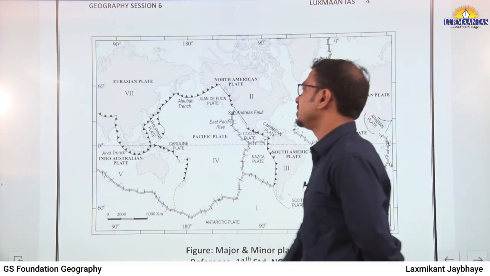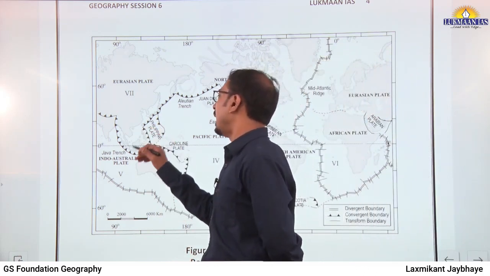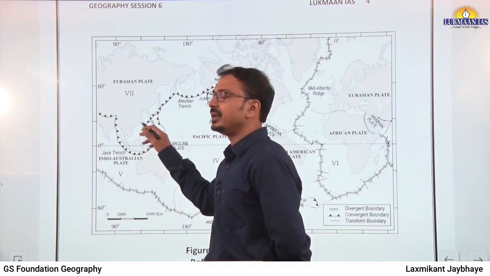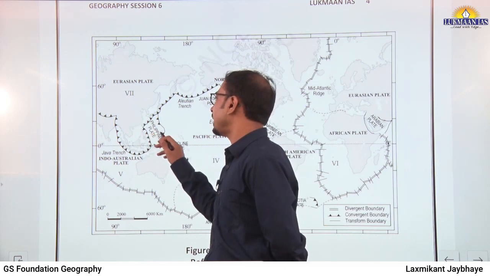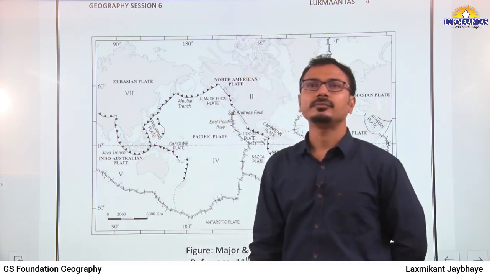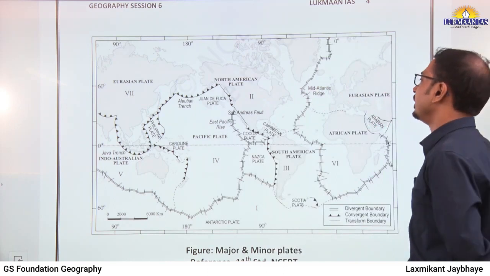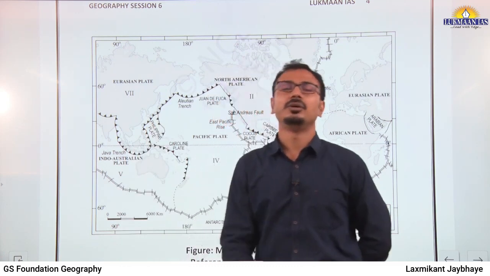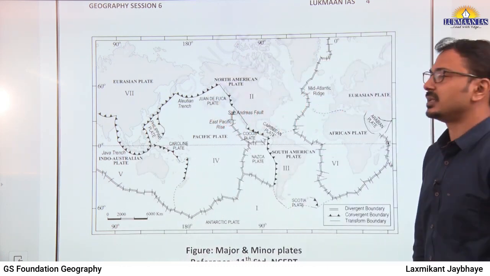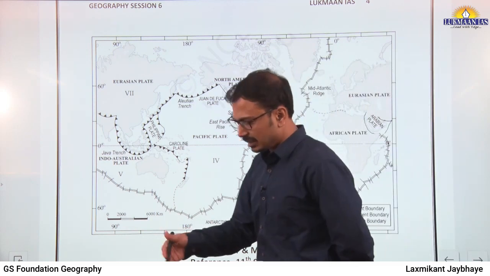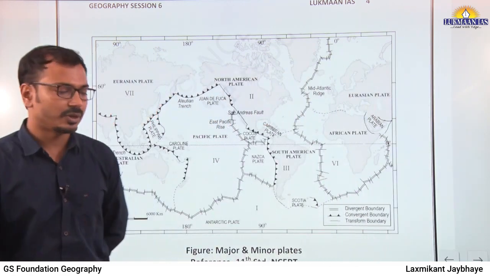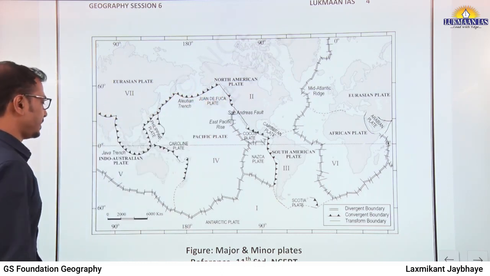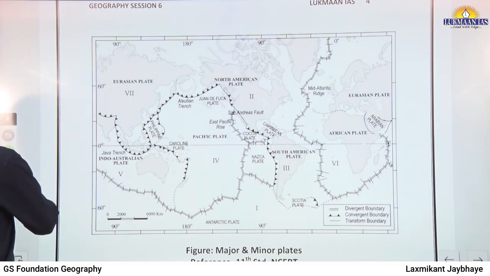For example, the formation of thousands of islands in Philippines region is actually the result of interaction between the Eurasian plate and the Philippine plate, and the Philippine plate and the Pacific plate. This is how the ocean convergence is happening here. So yes, we will understand that in future, but for your information, there are total 7 major plates and several minor plates here.